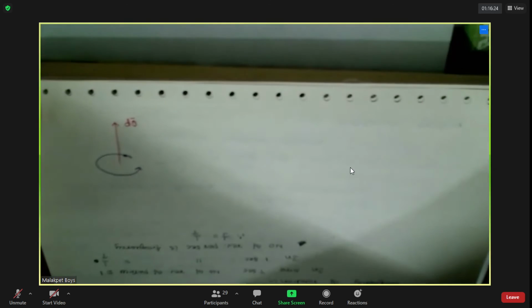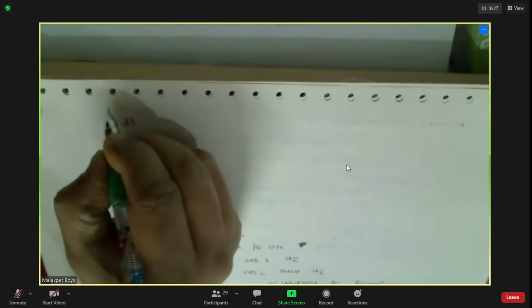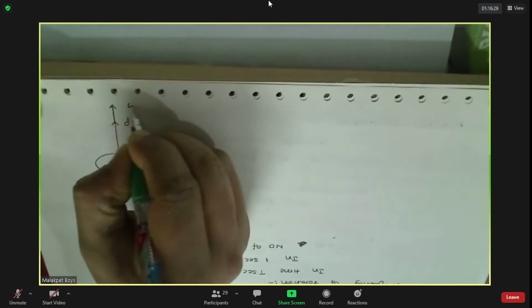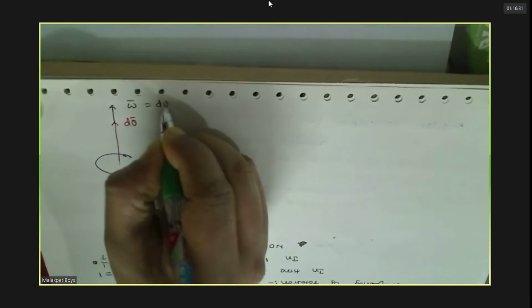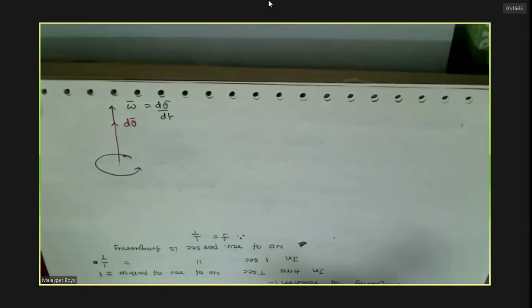You can see that whenever a particle is rotating like this, you have seen that omega direction is this side, d theta is this side. Okay, even when d theta is that side, the omega bar, which is d theta by dt, is this side.